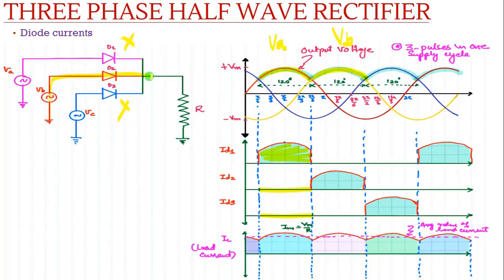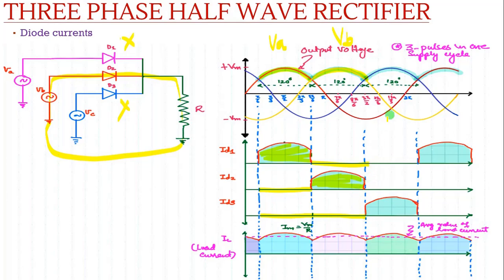The path will be like this. So VB will come across D2, and the output will come across the load resistor R. At that time current passes through D2, and the D1 current and D3 current will be 0.